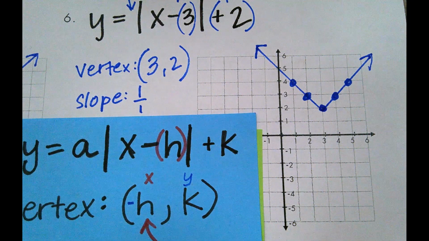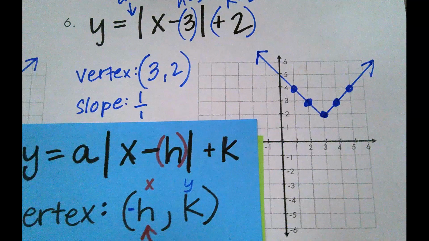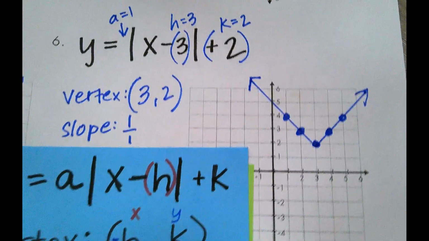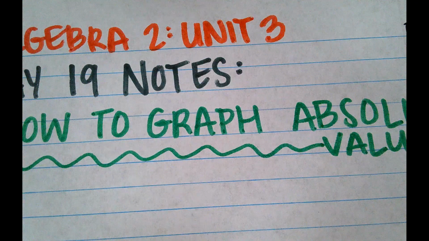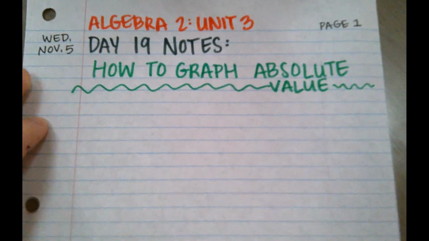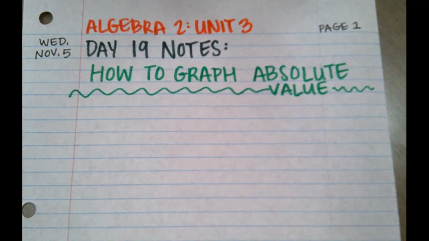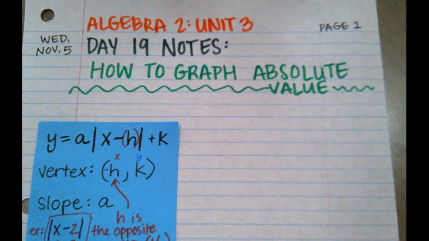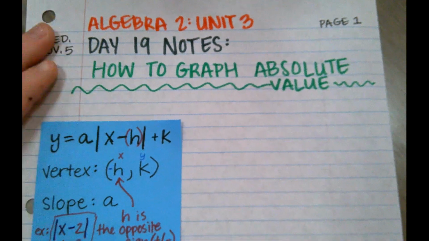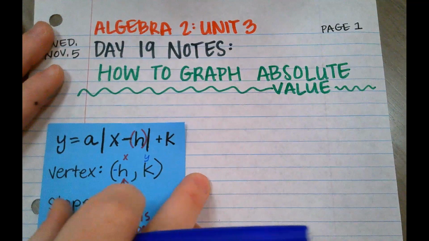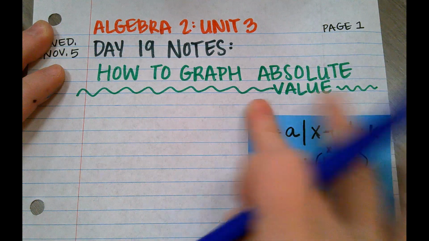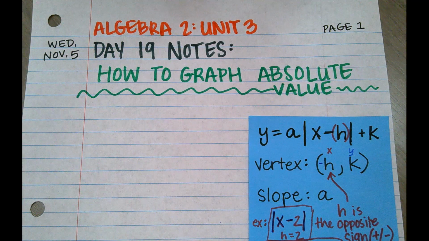Going back to my notes, all I really did is I wrote a title, how to graph absolute value, and then we wrote this on a sticky note. So moving that sticky note to the side, let's actually write some steps.